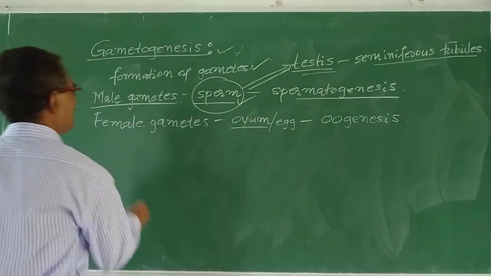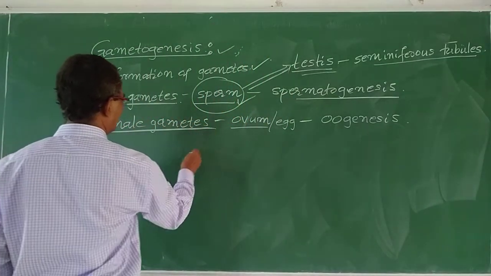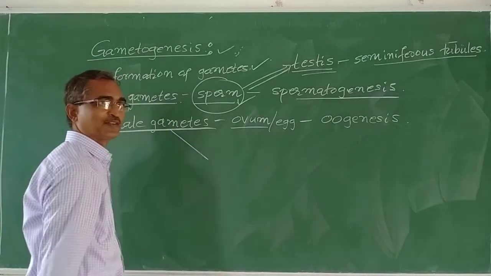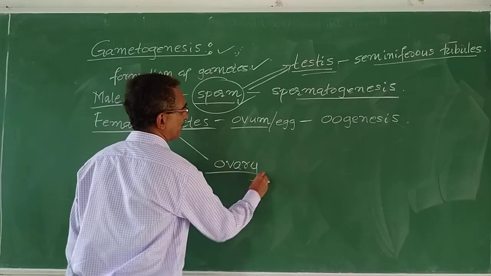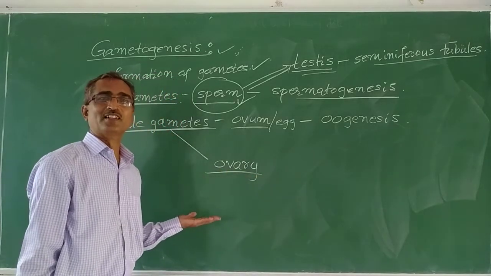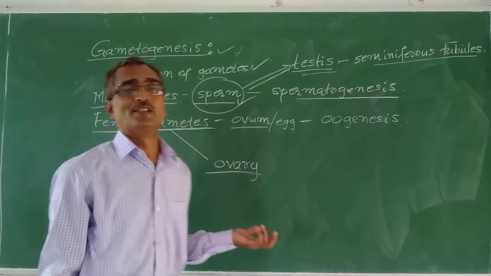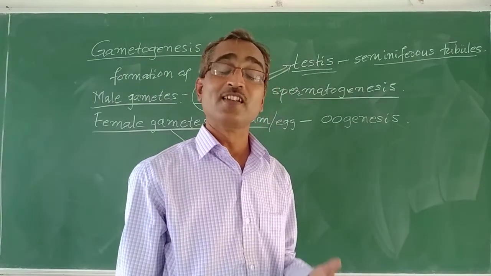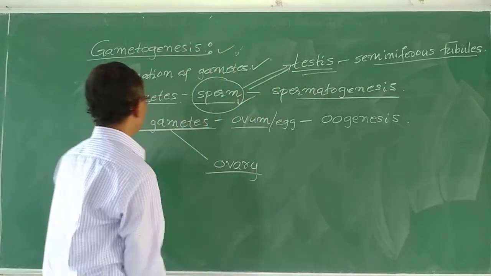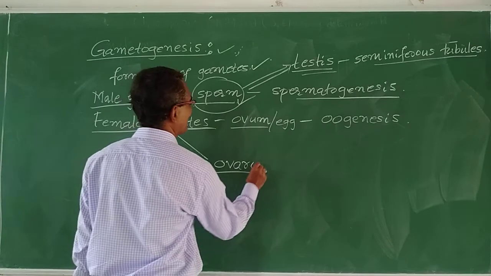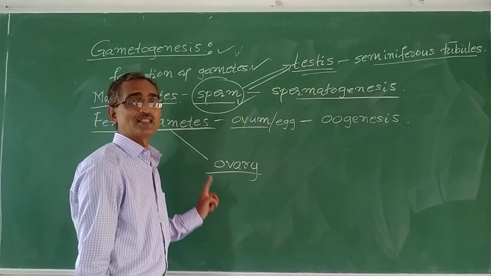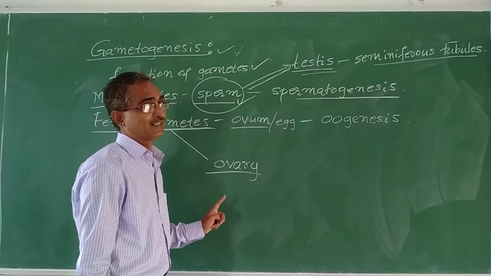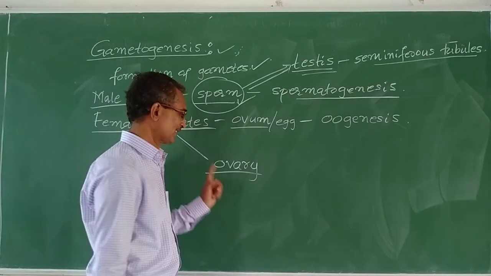And the female gametes are produced in the female reproductive structure, that is in the ovary. We have already discussed this by discussing the structure of the female reproductive system. So female gametes are produced in the ovary, so that is why the ovary is the primary sex organ in the female reproductive structure.